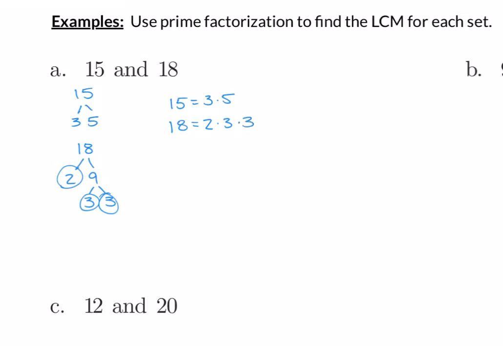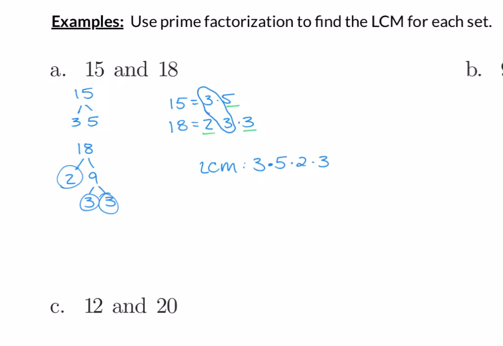All right, what do we have in common? I have a 3. And now what's all the leftover stuff? We have a 5, a 2, and a 3. We want to go ahead and multiply this together.